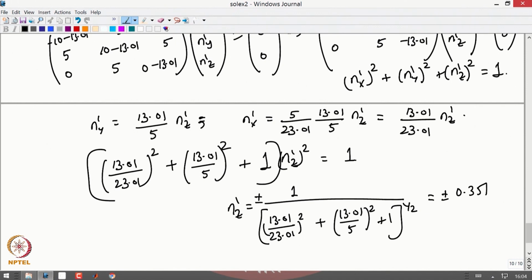Okay. Similarly, I substitute back this in here to get n x 1 as 0.199 and n y 1 to be 0.915. Okay.